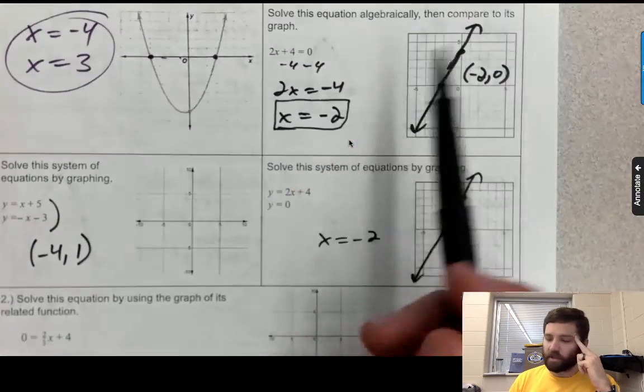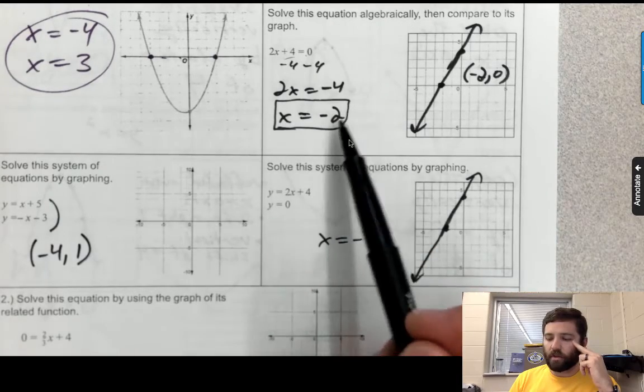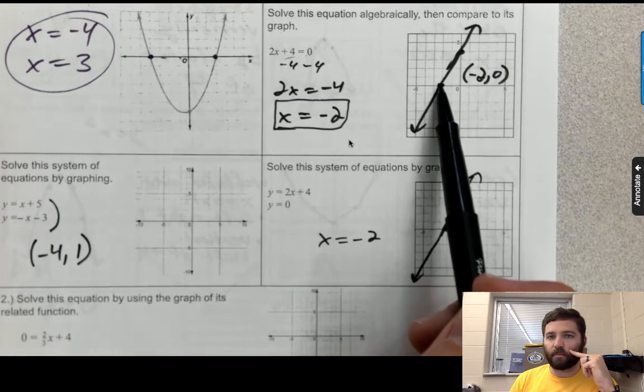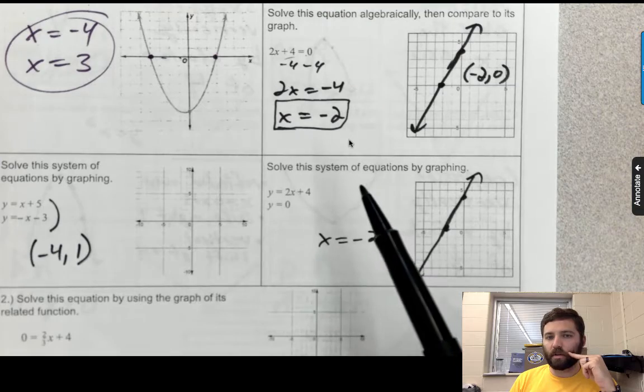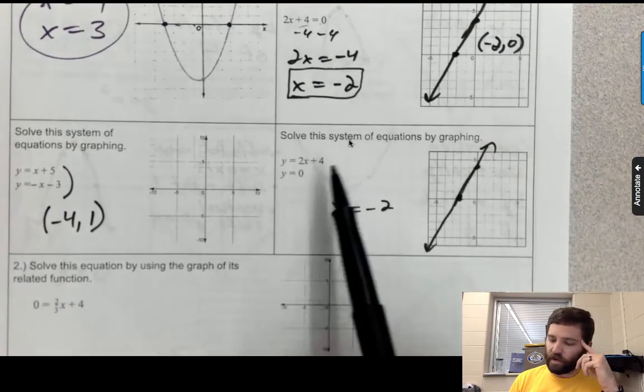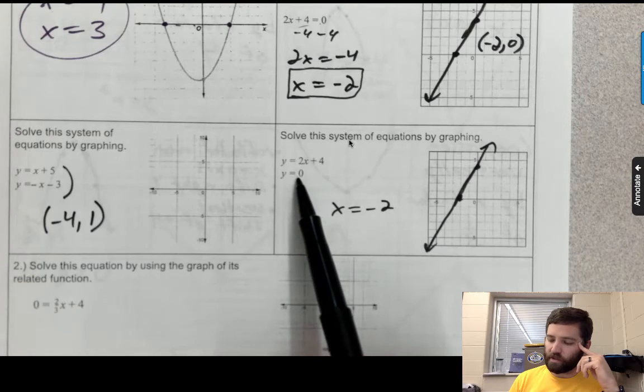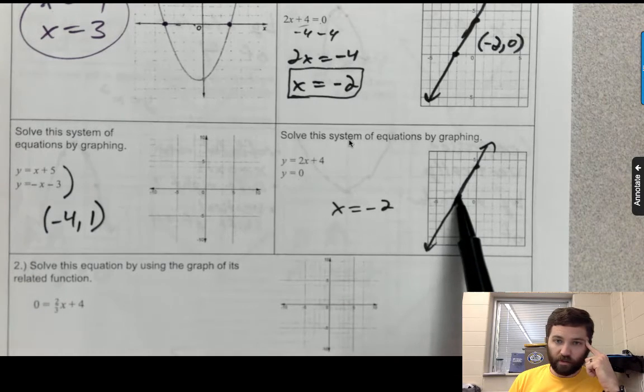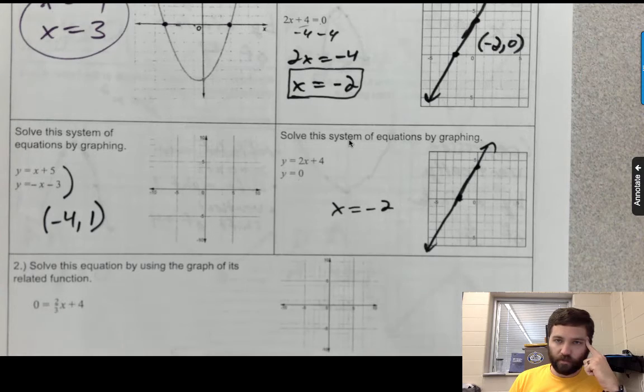I also figured out that for 2x plus 4 equals 0, the x-intercept of that graph is the same as the solution. And when I graph both 2x plus 4 and 0, where they cross is the solution, negative 2.